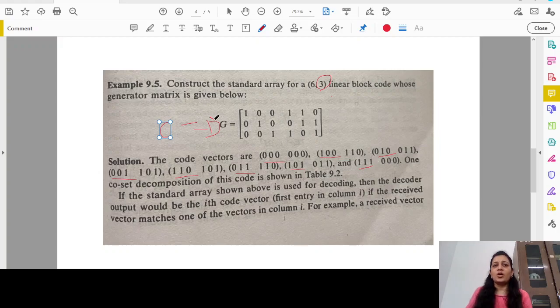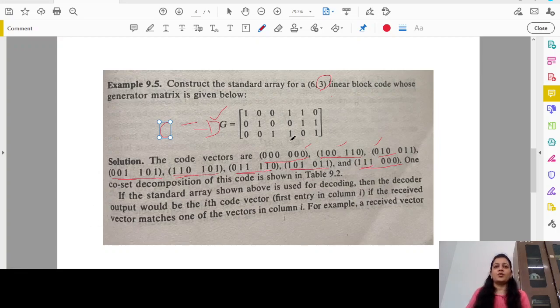By multiplying them with the generator matrix, you are going to get these code vectors. So we will have 8 different code words.